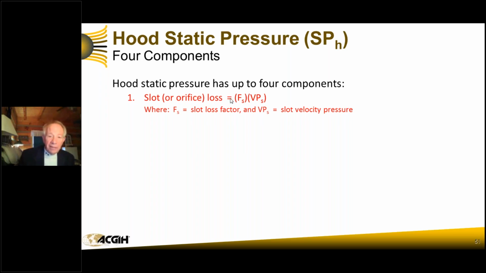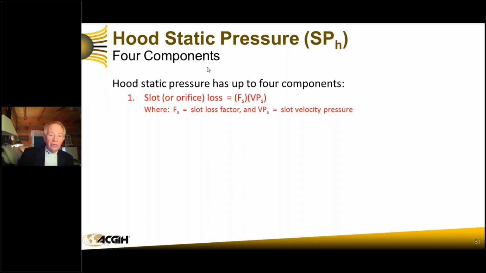But let's talk about it because it is one of the things that we would think about. We would use a slot loss factor, which is the same for all slots, times the velocity pressure at that slot. These factors are all a function of the velocity pressure, which we've learned how to calculate.